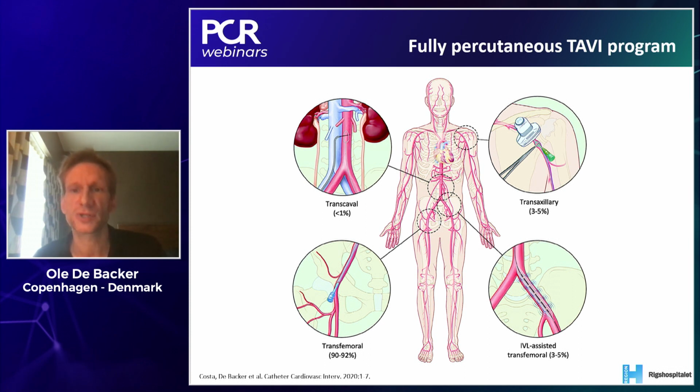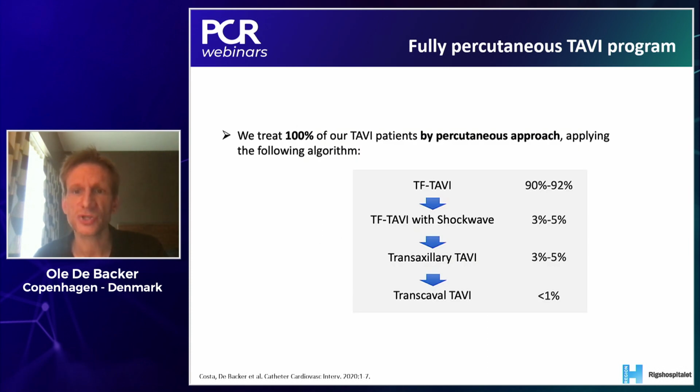I think our first approach there is going percutaneous transaxillary, and in very few cases, we go transcaval. So that's our algorithm. As I said, these percentages fluctuate a bit, and the more lower risk patients and younger patients you treat, the less need you will have for alternative access. So in many centers nowadays, treating already lower and younger patients, you only need it typically for around 4% of your cases where you need some alternative.